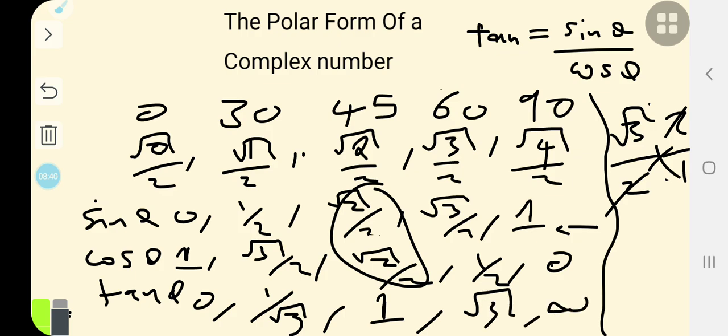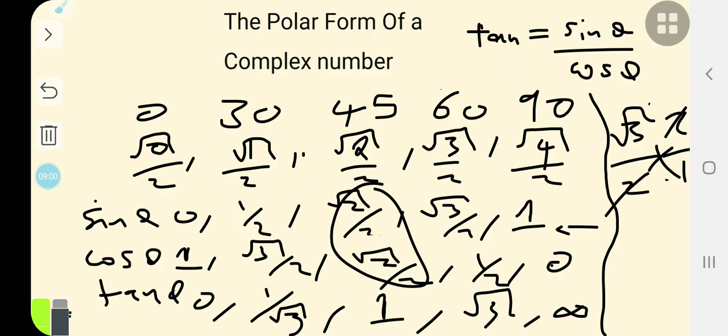Here, it will just give me infinity. So try to master this table. It will help you a lot when it comes to converting rectangular form to polar form, and even vice versa.